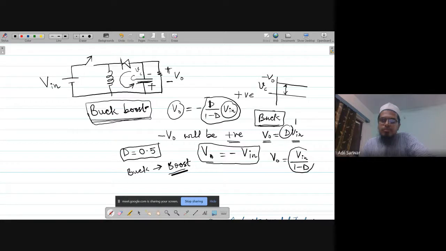Okay. So there is a critical movement from buck to boost. Okay. So you can call it buck operation at 0.5. It's up to you. It's just a critical point. From 0.5 onwards, the output voltage will be greater than the input voltage. So that is the conclusion.